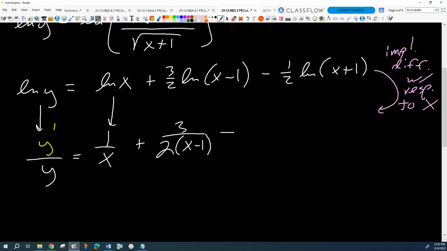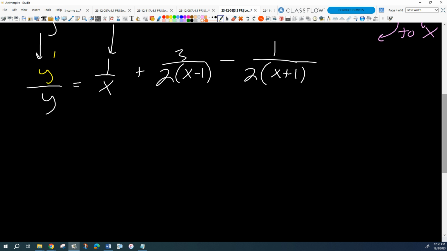Minus, isn't that just going to be 1 over 2 times x plus 1? How easy was that, right? So then if we solve for y prime, we just get y prime equals all that stuff times y, right?